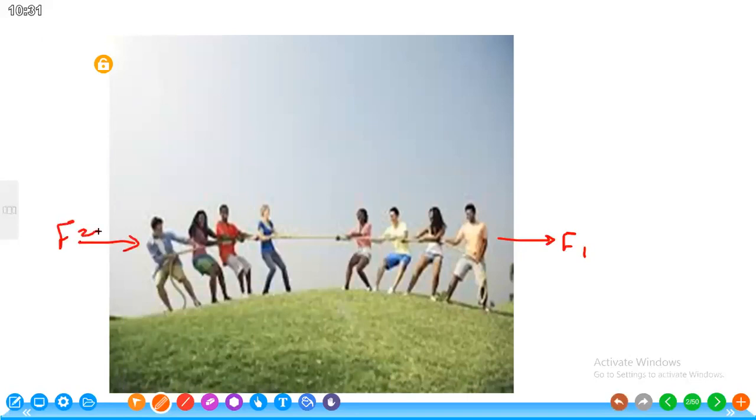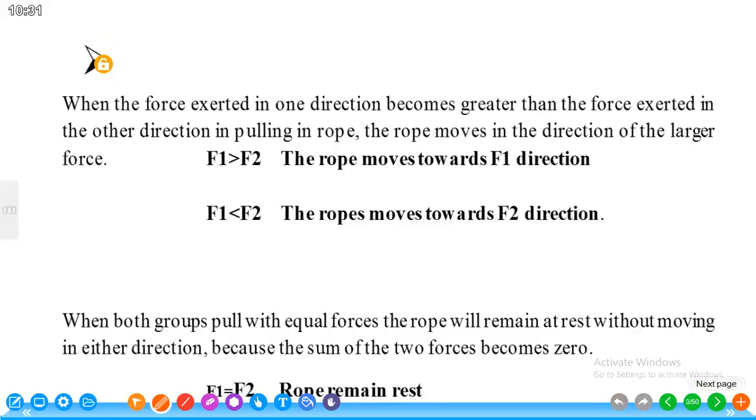So now you can observe, as I think you already studied in the last class, when the force exerted in one direction becomes greater than the force exerted in the other direction while pulling a rope, the rope moves in the direction of the larger force.